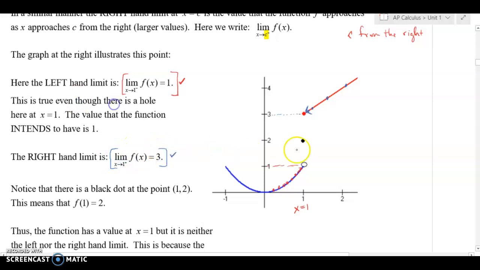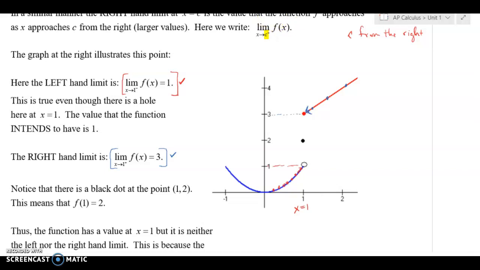Okay, do you guys see how we got two different limits because we went to this from two different directions? Sometimes that happens. If that happens, we have a good vocabulary word for that, but we're just going to say that the limit itself does not exist.